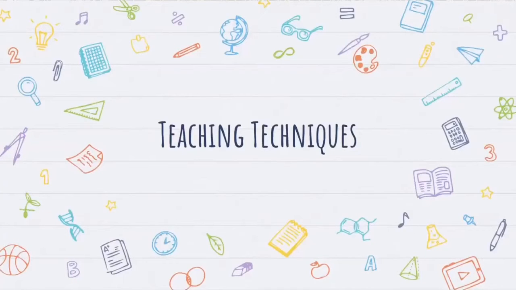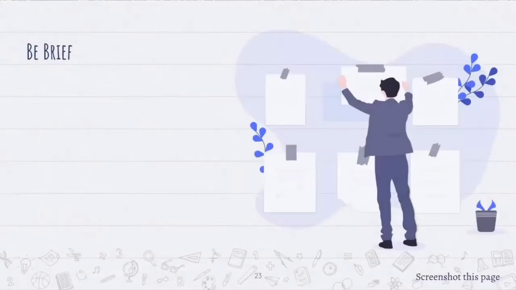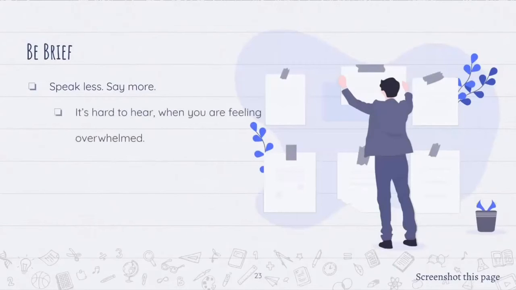And here are some teaching techniques that Anushka and I think are really helpful. So you want to be brief in what you're saying. You want to speak less, say more, if that makes any sense. What I mean is it's hard to hear when you're feeling overwhelmed, which is really true.